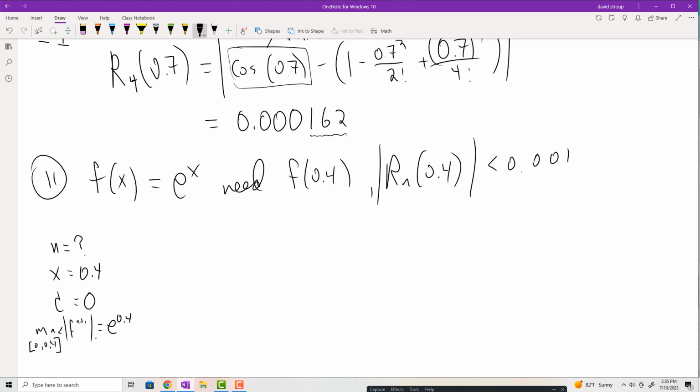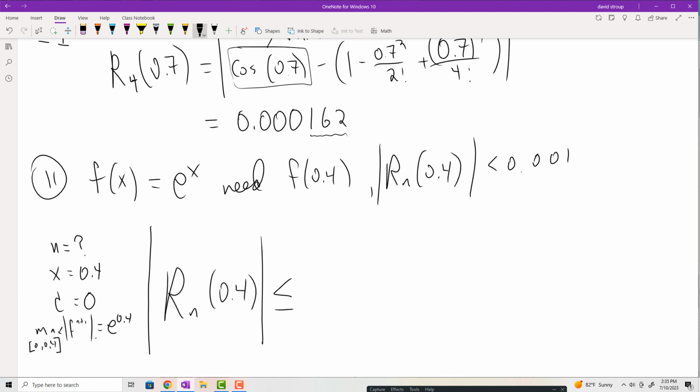This is a bit cheap, because you don't know what e to the 0.4 is, but here you are using e to the 0.4. So there must be some flaw in my thinking that I'm just not picking up on.